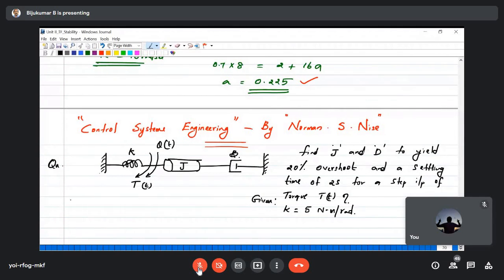First of all, you want to find the transfer function. How will you derive the transfer function for this? Like in the mass system, you can apply the same concept here, in terms of theta.